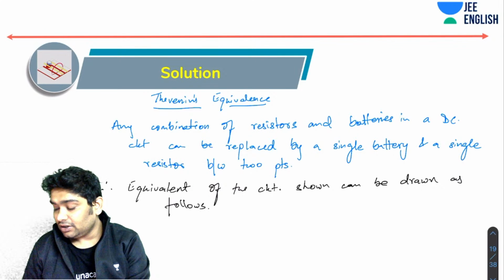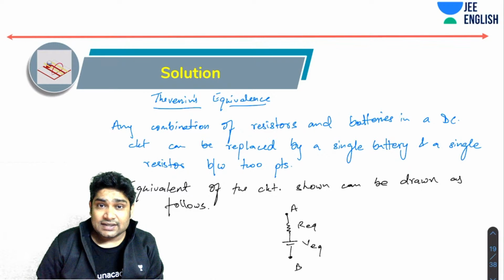You can imagine that between points A and B, you have one resistance and one battery, a single V equivalent and a single R equivalent. The entire circuit can be replaced by this.